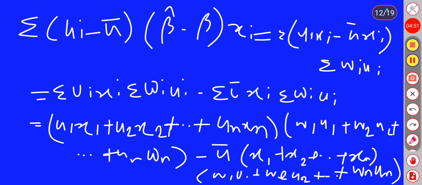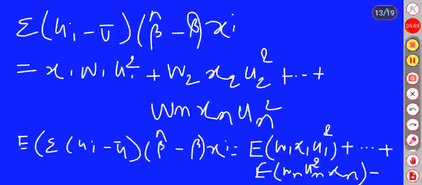here u bar, and u1 x1, u2 x2 up to un xn, w1 u1, w2 u2, wn un, minus u bar and the rest of the terms.